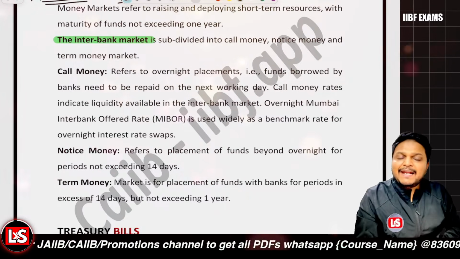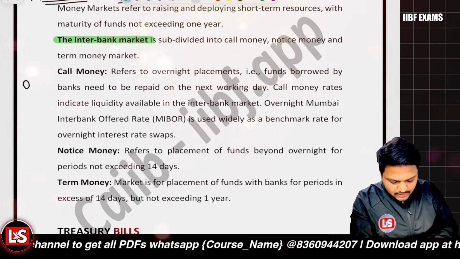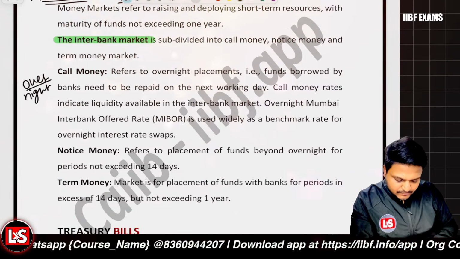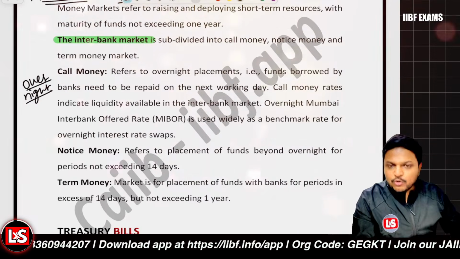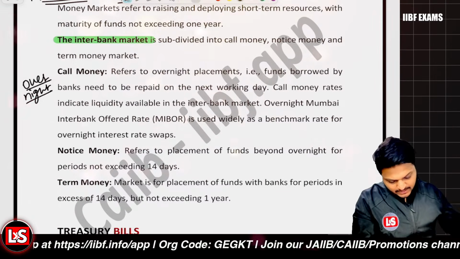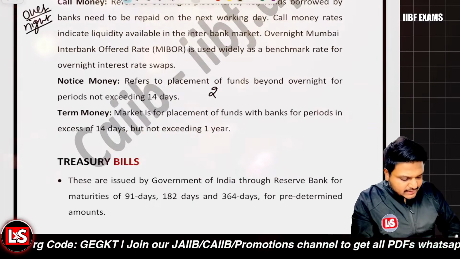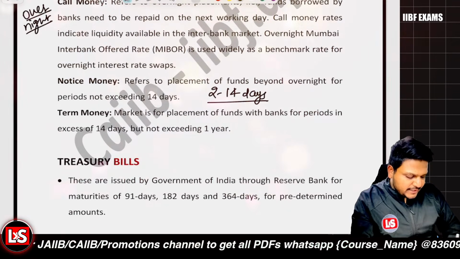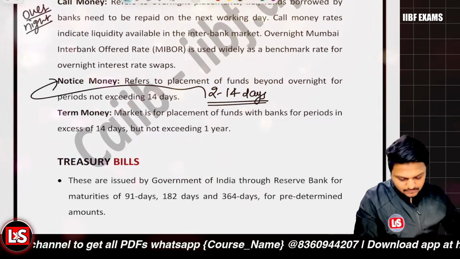When we are lending or borrowing for an overnight basis, like for 1 day only, it is said to be call money. When it is being done from 2 days to 14 days, we say this to be notice money, right?